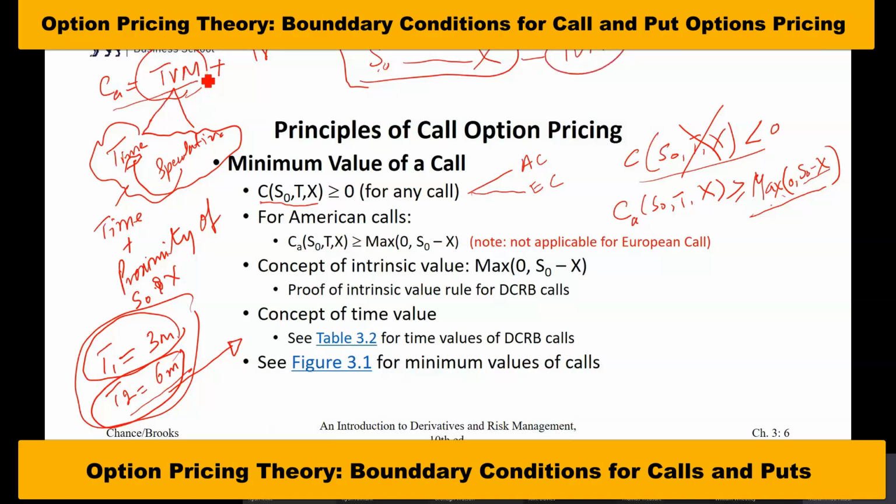Okay, so the time value of money here is composed of time and also proximity of the stock price to exercise price. The reason for this is that when an option is at the money, for example, S0 is equal to X, the winner and the loser in the option, whether the call option or the put option, is not decided.